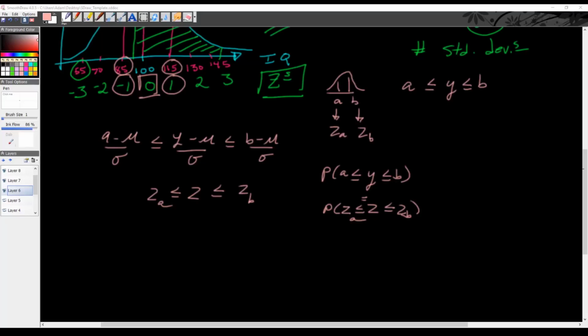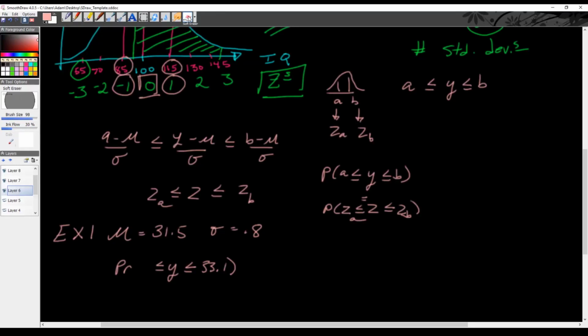All right, so let's do an example. The question is, and this is in the notes: if the population of all mileages is normally distributed with mean mu equal to 31.5 and standard deviation equal to 0.8, what is the probability that we will observe a value less than or equal to 33.1 but greater than or equal to 29.9?